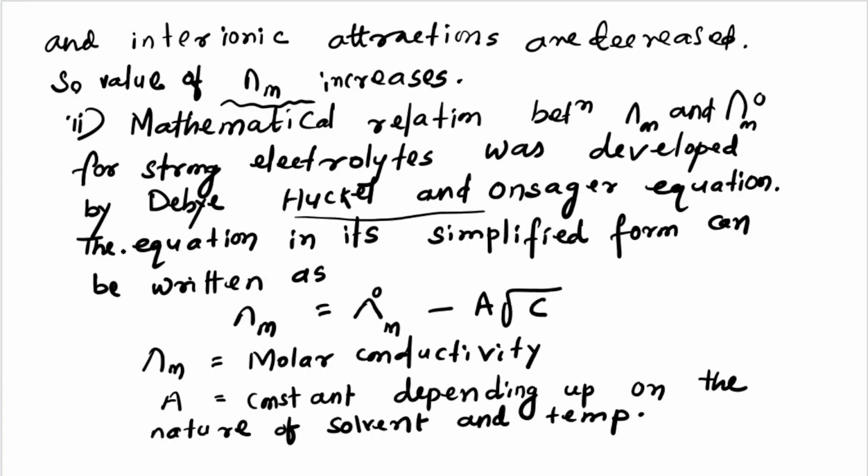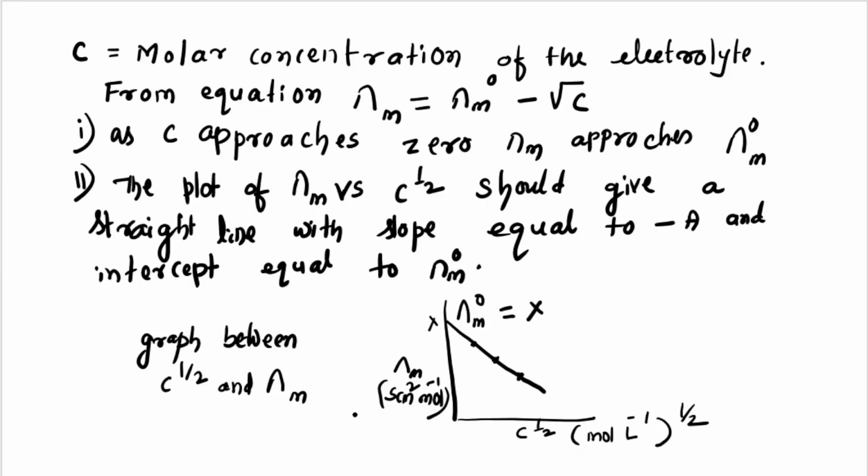It is a very simple equation: molar conductance equals molar conductance at infinite dilution minus A root C. C means concentration. A is a constant depending on the nature of the solvent and temperature, and C is the molar concentration of the electrolyte.